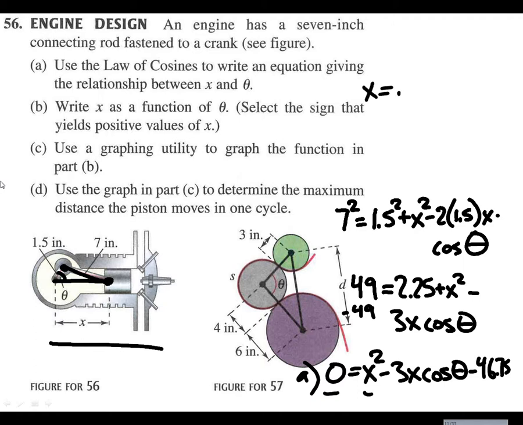X is equal to the square root. Sorry, getting ahead of myself. Don't forget about our negative b plus or minus. So what's our b? Our b here is 3 cosine theta. So negative 3 cosine theta plus or minus the square root of b squared, 9 cosine squared theta, minus 4.